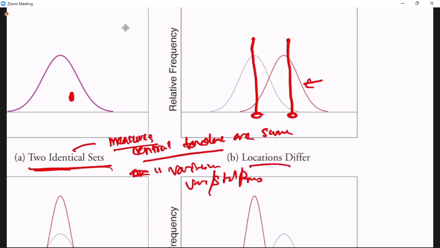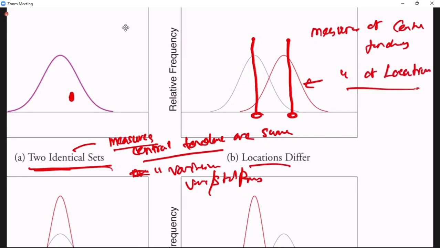I told you, measures of central tendency are also called measures of location. Locations differ means their measures of central tendency are different.